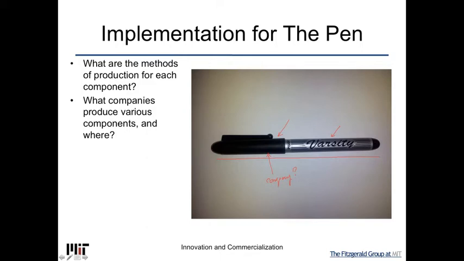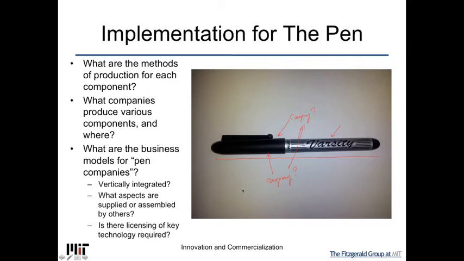How many actually make the thing for Pilot, and so on. And same thing here. Are these the same company or a different company? Are they related? What's their relationship? Are they owned by the same people? So the players behind all the pieces, not only what methods of production are being used, but also the structure of the industry itself.